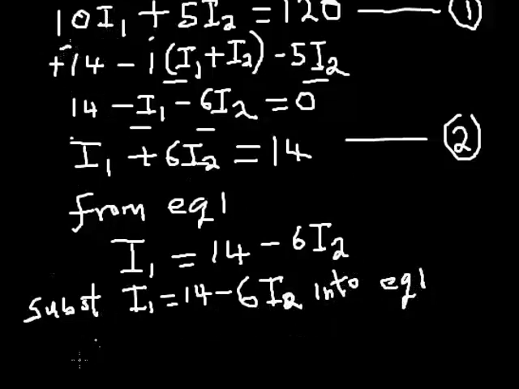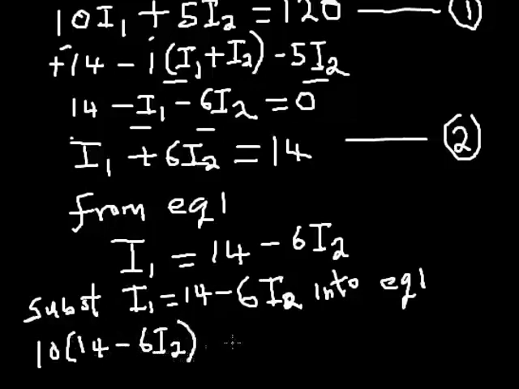So this is my equation 1. That's going to be 10 into open bracket 14 minus 6I2, close, then plus 5I2, equal to 120.